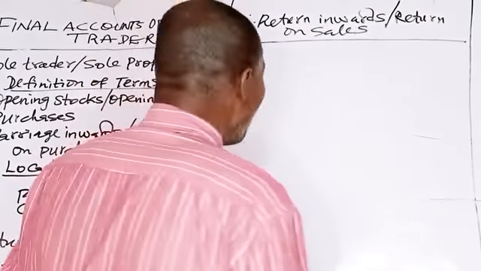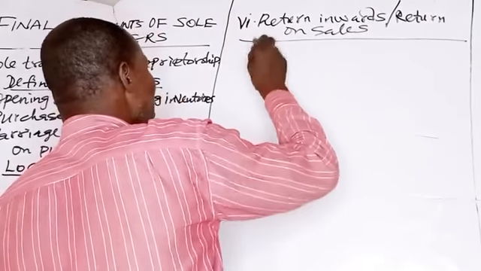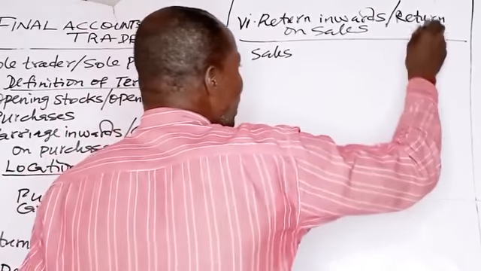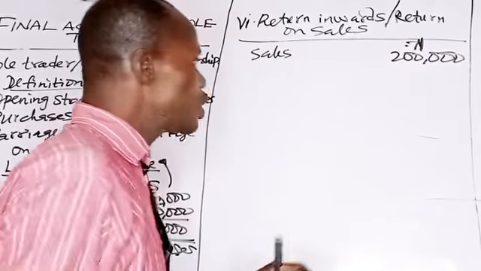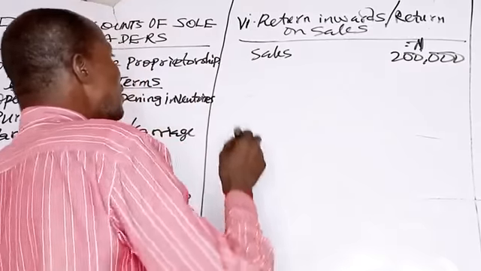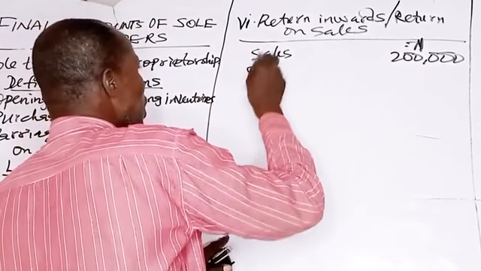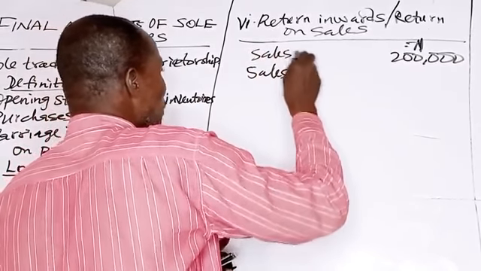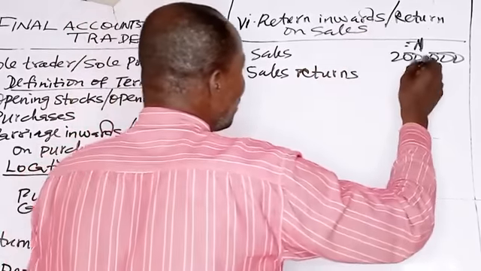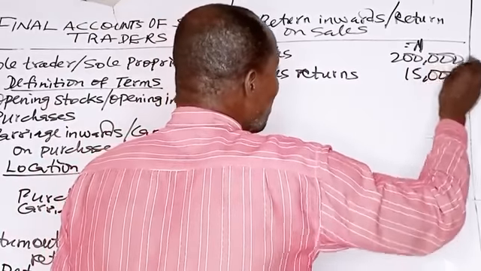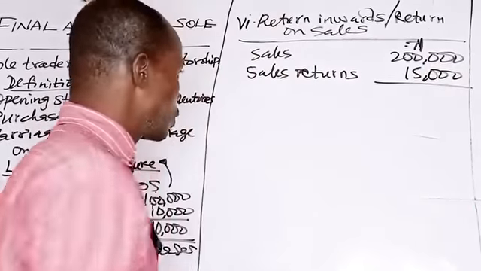If your sales were 200,000 naira, if you have sold goods worth 200,000 and the customer returned goods worth, let's say, 15,000, that is sales returns, also called return inwards. That means the customer returned goods worth 15,000 to you.